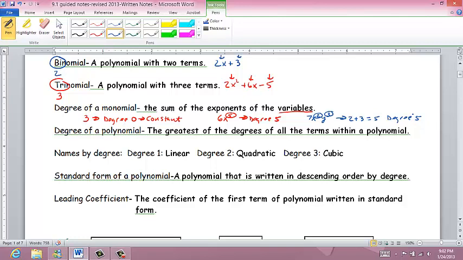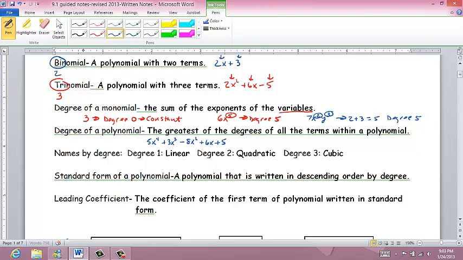Now, that brings us to the degree of a polynomial. Well, a polynomial could have up to, say, 8 terms. How do we determine what the degree of the polynomial would be? Well, what we basically do is we take each individual term and find the degree of the terms. The term with the highest degree is the degree of the polynomial. Such as, let's take the polynomial 5x to the fourth plus 3x to the third minus 8x squared plus 6x plus 5.